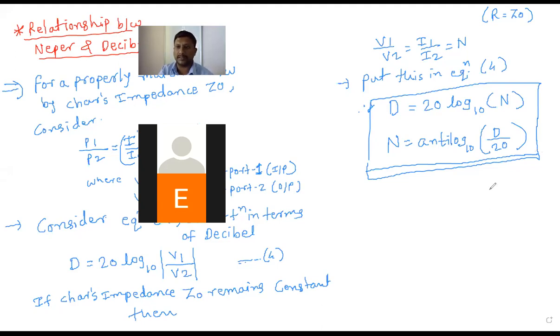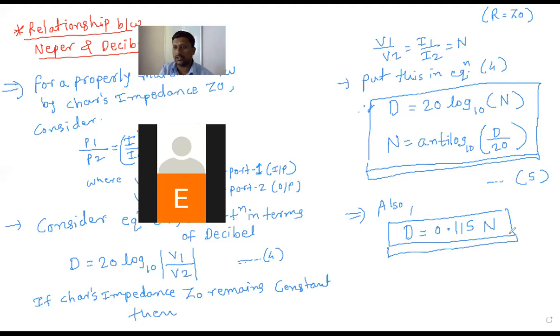Now one more relationship is there. You can give it equation number 5. One more relationship is there in terms of value. So D is equal to 0.115 N. That is also one relationship we can get in terms of value.